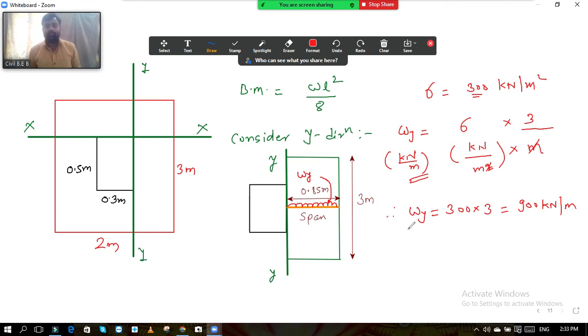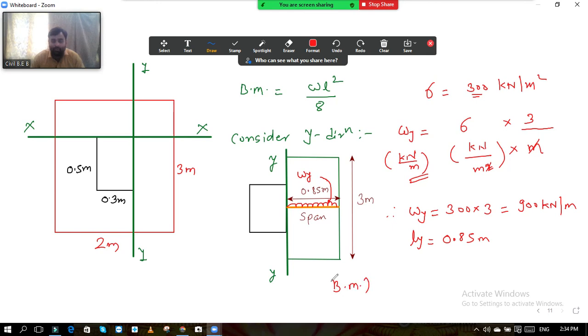Now once we know the intensity, we know the span also. What is the span? LY span. Although it is horizontal, I am giving the notation Y, or you can say LX here also. So LY is 0.85 meter. Here notation doesn't matter, understanding matters, the concept. So now we can calculate the bending moment in y direction.